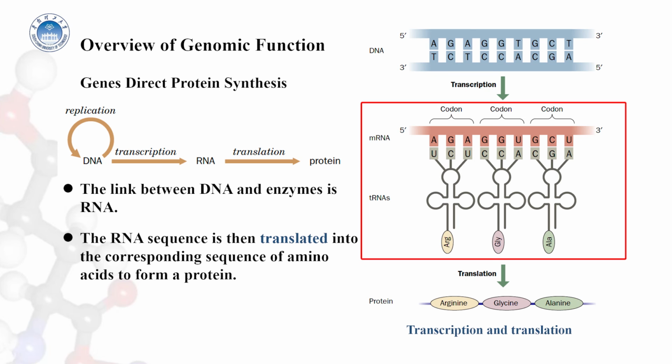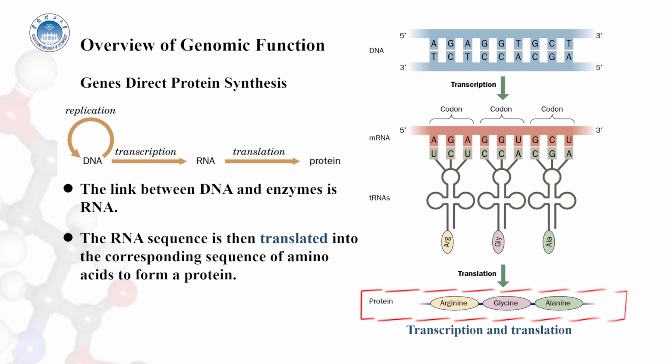Each tRNA carries a specific amino acid. These amino acids are covalently joined to form a protein. Thus, the sequence of bases in DNA specifies the sequence of amino acids in a protein.